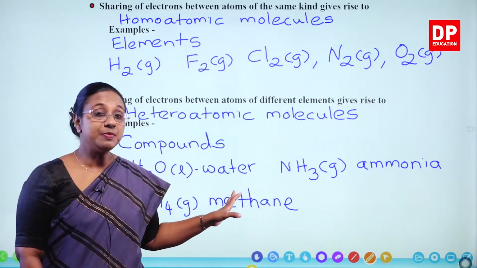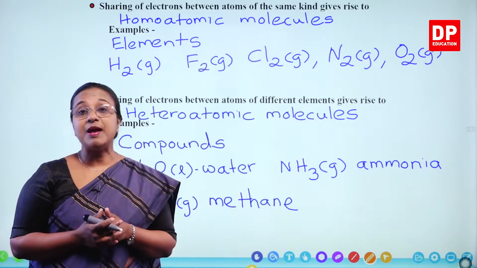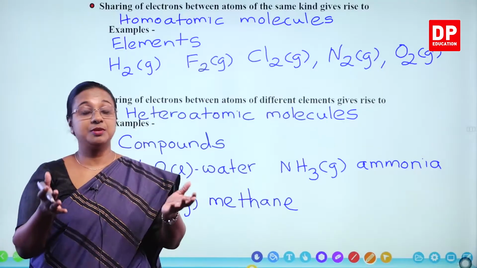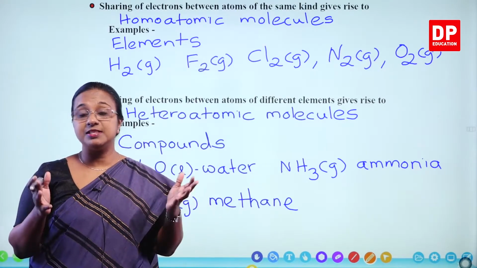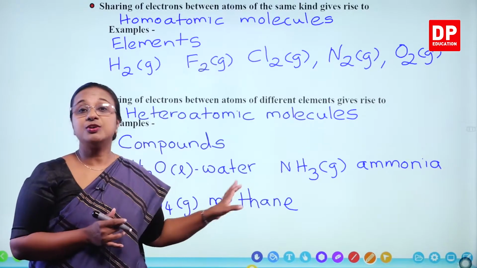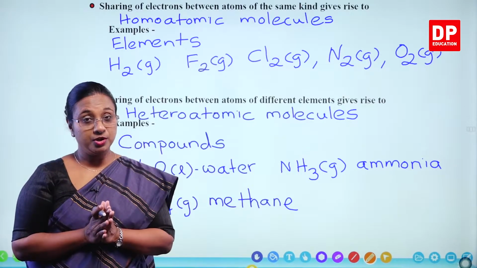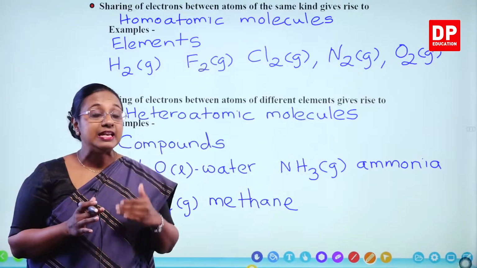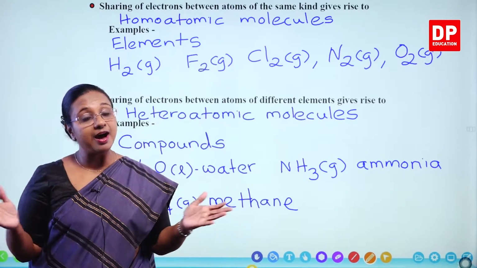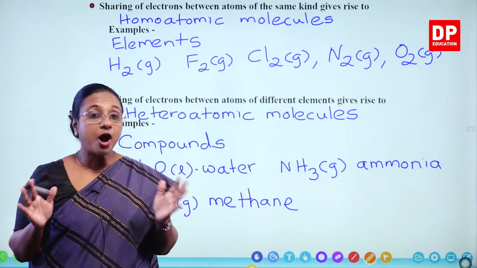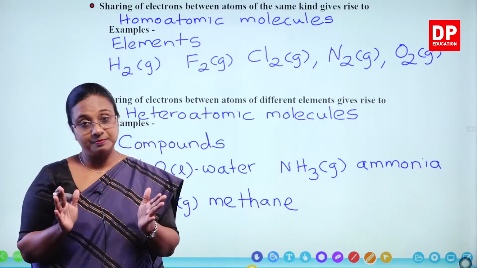So these are simple molecules, but you are already familiar with very large molecules, the biomolecules. You know carbohydrates, proteins, lipids, nucleic acids, they also have covalent bonds. So covalent bonds can lead to simple molecules or very large molecules, but they are all covalent compounds.